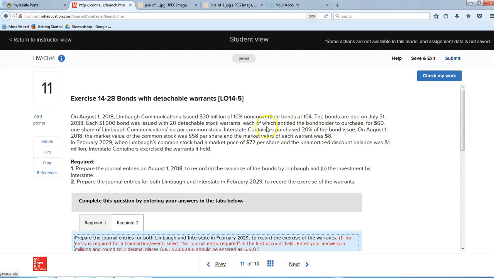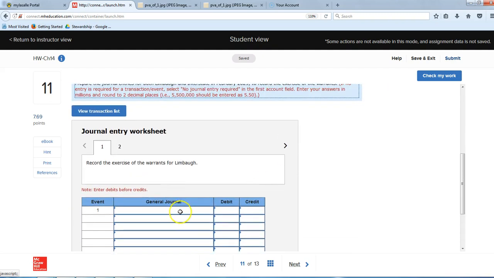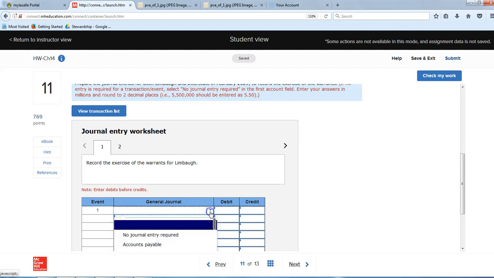So the terms say each of the warrants entitles the bondholder to purchase for $60 one share of the common stock. Therefore, Limbo receives cash because Interstate will pay to buy stocks.